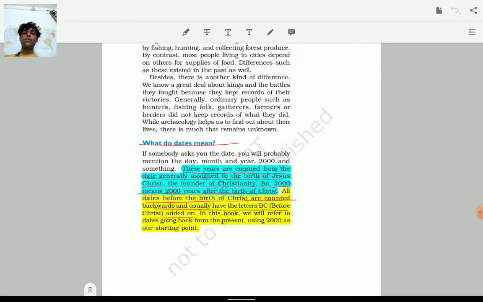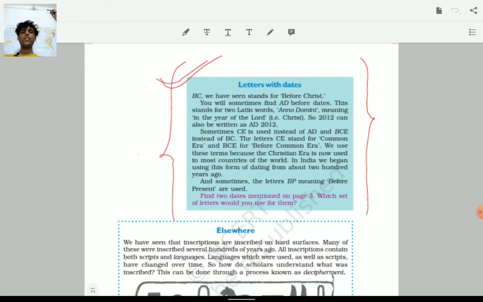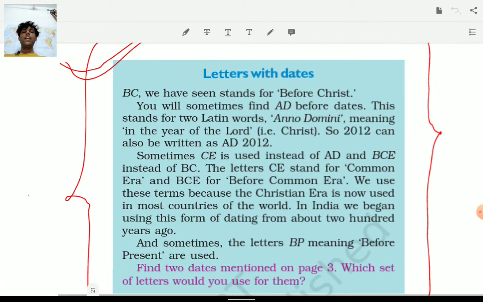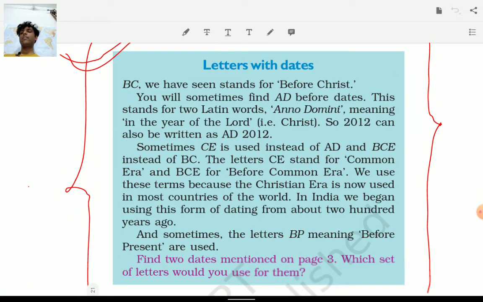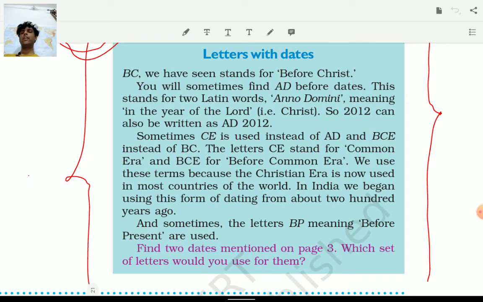Okay, all dates before the birth of Jesus Christ are counted backward, and we use BC. In detail, BC stands for Before Christ. Whenever you look at dates and somewhere it has been mentioned as 6 BC, it means 6 centuries before Christ. And if somewhere it has been mentioned as AD, then it means Anno Domini, or after the birth of Jesus Christ.